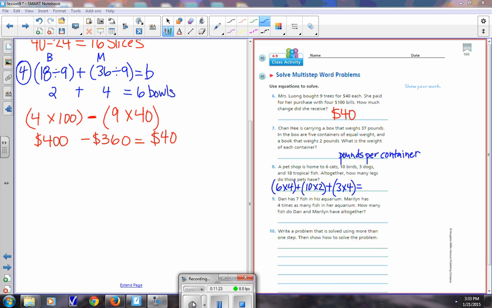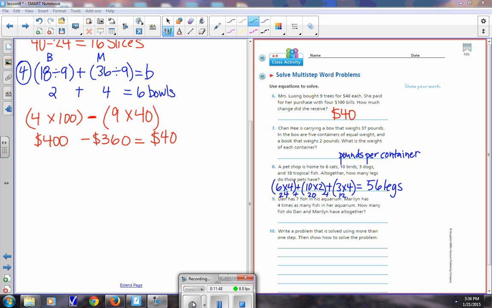So how many legs total is it? 24 plus 20 plus 12, unless they count fins as legs, but I don't think that they are. So it should be 56 legs total.